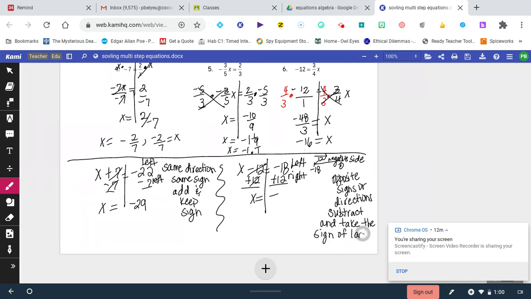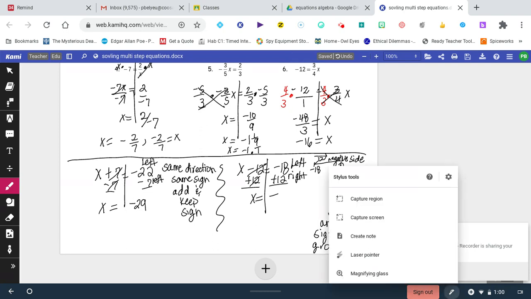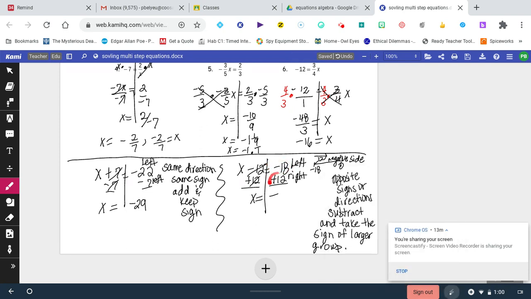And I say larger group because you may have a larger group of negatives, or you may have a larger group of positives. I'm not going to say larger number. Well, so if I look right here, I have 18 negatives and only 12 positives. So the larger group of numbers is the negative group. So it's going to be negative 6.